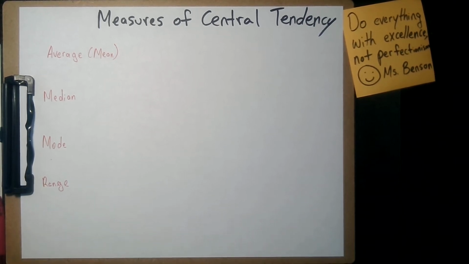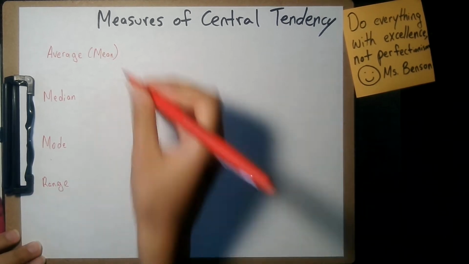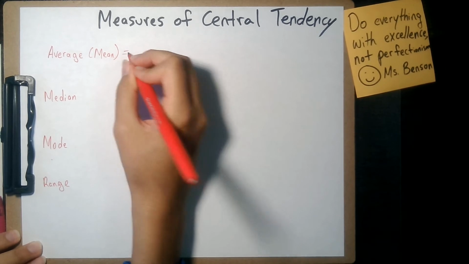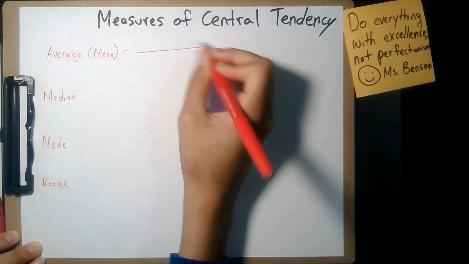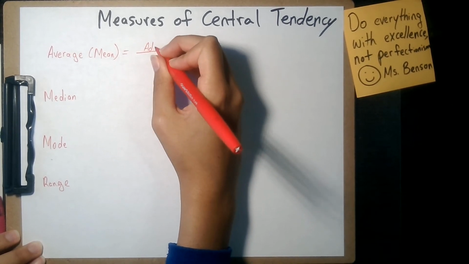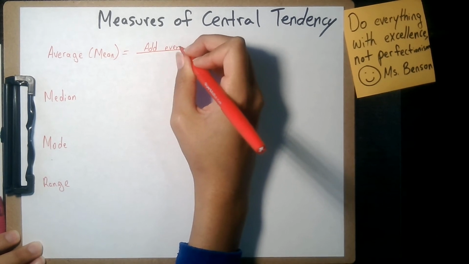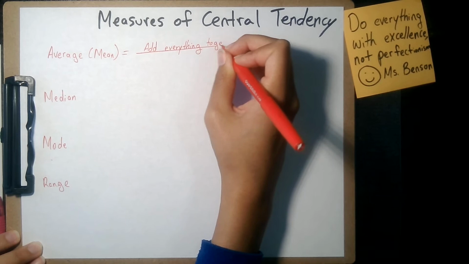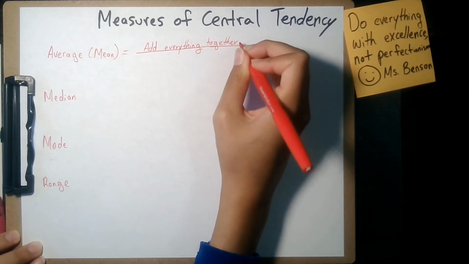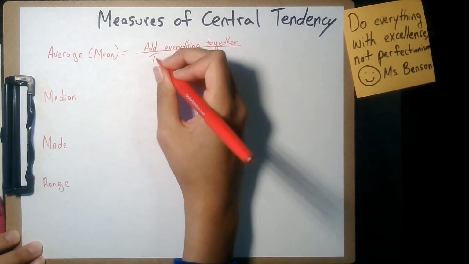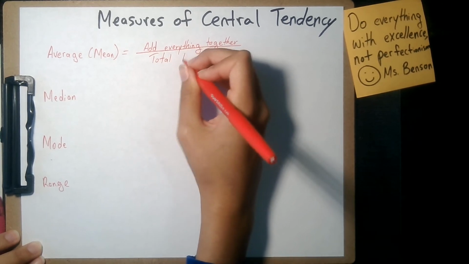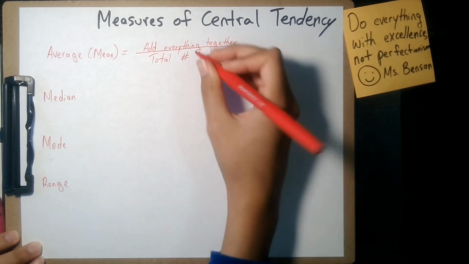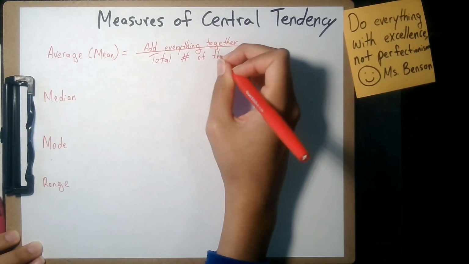The average is that you add everything together and you divide by the total number of things that are present.